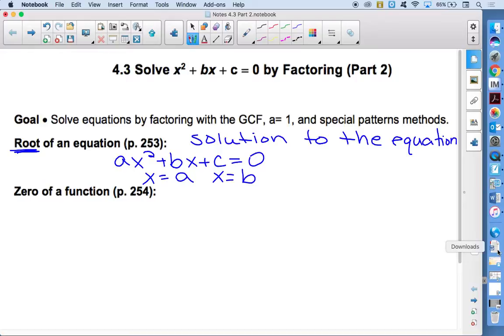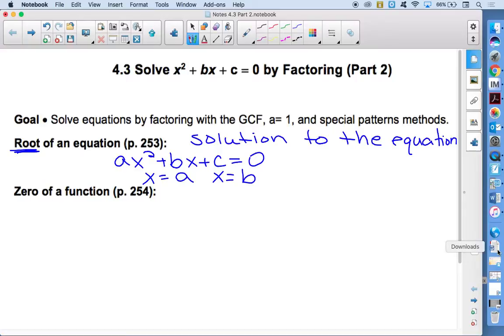It must be equal to 0 in order to solve it. That was the definition of the equation we talked about yesterday. Why are there two answers? Because when you factor it, how many parentheses do you get? Two. Each one of those parentheses represents a solution.